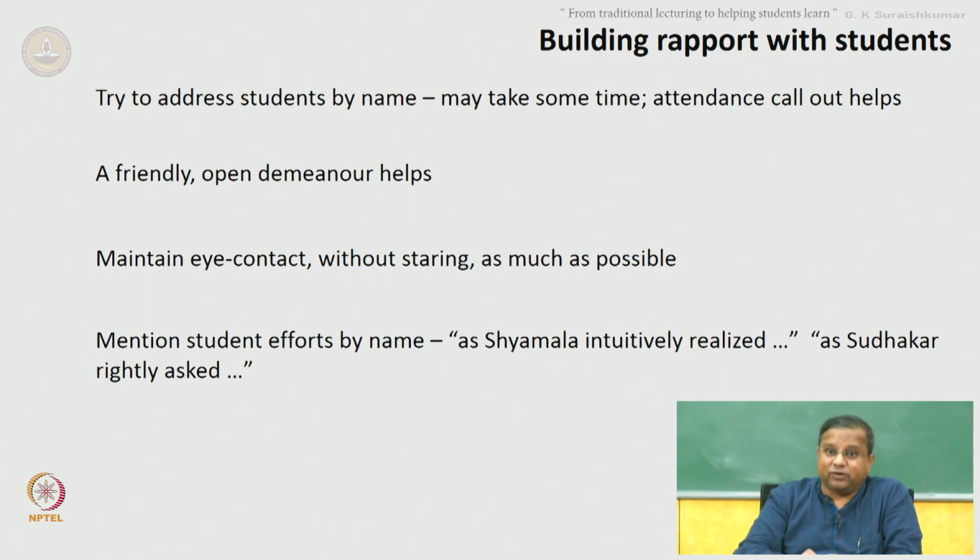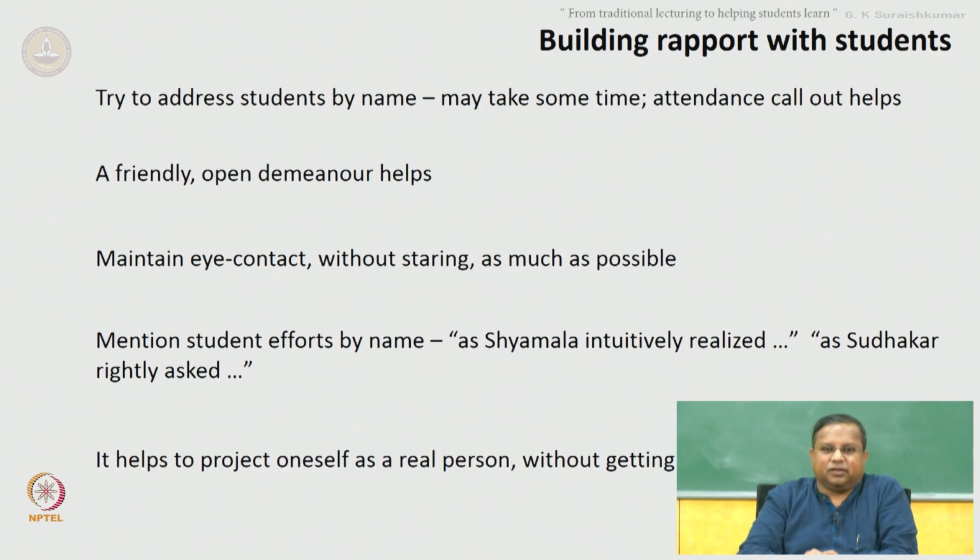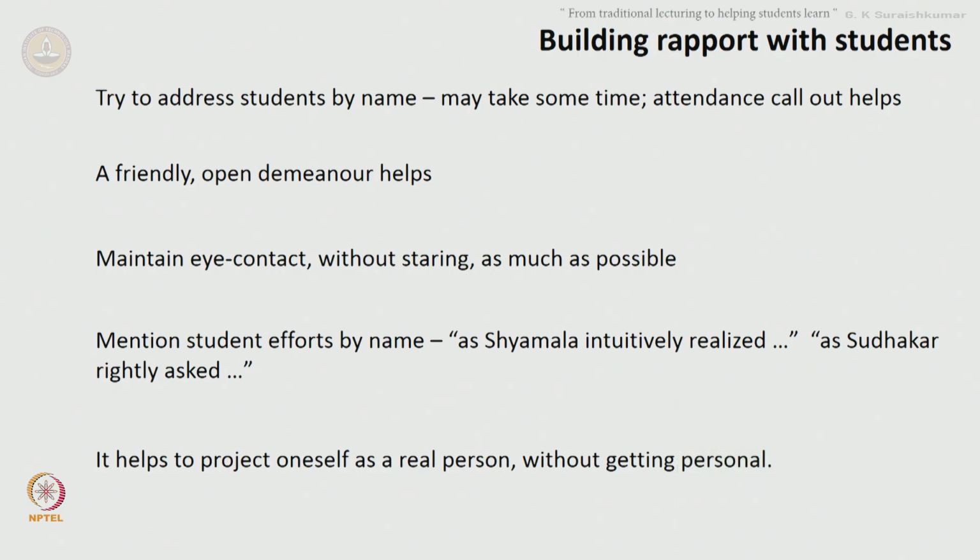Mention student efforts. If they have done something, definitely mention the efforts by name. For example, as Shamala intuitively realized, this is true, as Sudhakar rightly asked. Use the student's name, that builds rapport very nicely, and it helps to project oneself as a real person, okay, not one of those robotic persons who just comes, stays, says something and goes away, but do not get too personal, right.